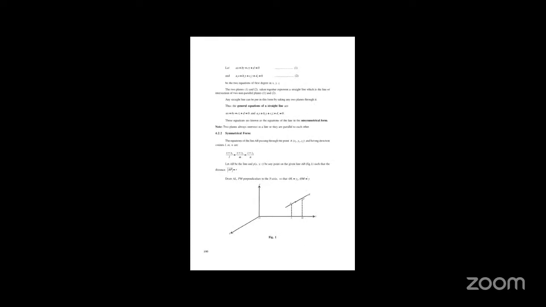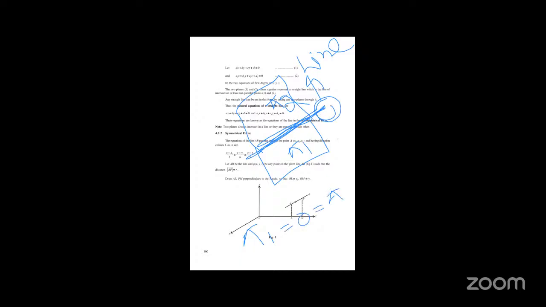So what is the general form? When we talk about a line, it means two planes are intersecting. This is plane pi 1 and this is plane pi 2. Here they are intersecting, no? The common points of the two planes are represented as a line. So we can write pi 1 equal to 0 equal to pi 2.